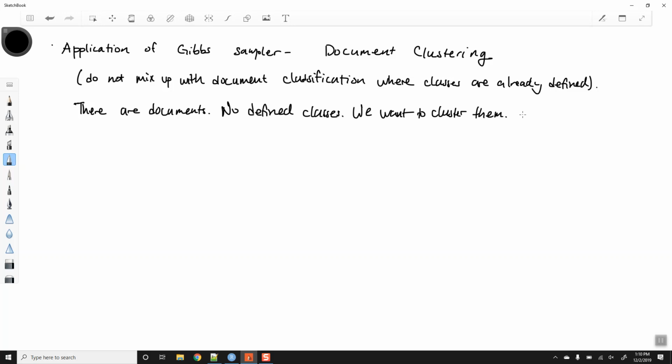Now, when we do document clustering, we have to pick how many clusters to search for. We need to specify how many clusters to look for.